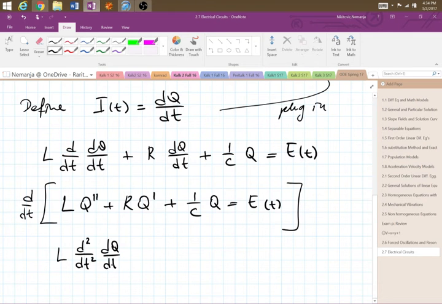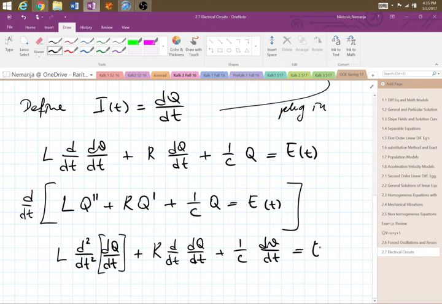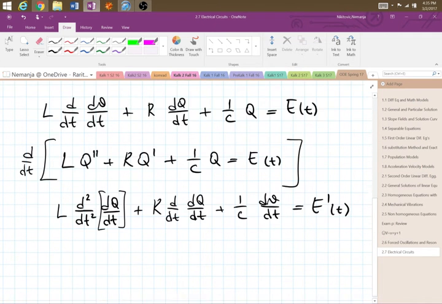You see how that's still three derivatives, right? I just decided to write them like this. So take the second derivative of this first derivative, plus R times the derivative of dq/dt, plus 1 over C dq/dt, and on the other side you just have E prime of t.